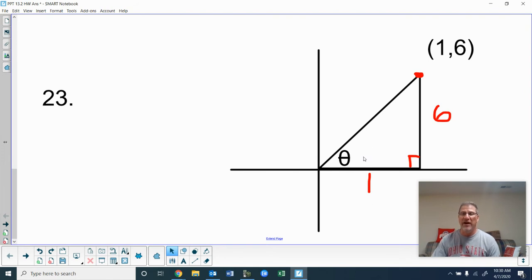Well, before I can find all 6 trig functions, I've got to find the hypotenuse. So I've got to use the Pythagorean theorem first.